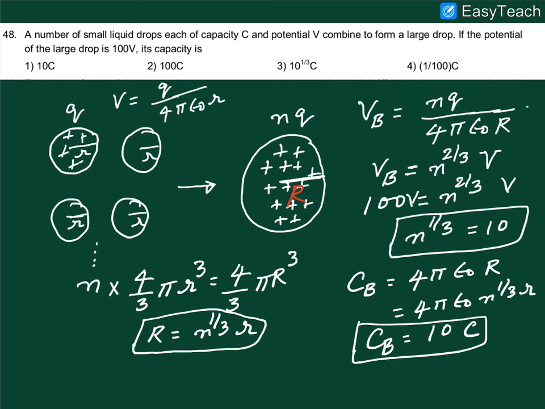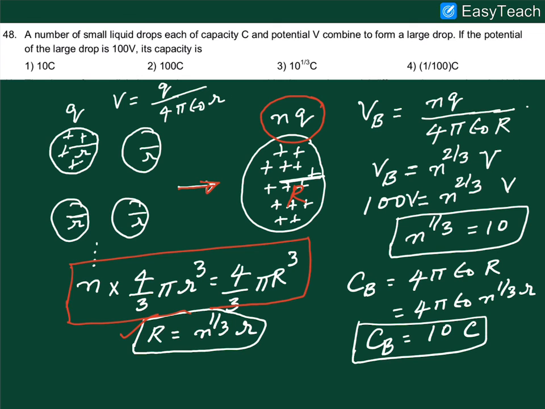So when N drops coalesce into a single drop, the total charge on the bigger drop is NQ. Since volume is conserved, N times 4/3 pi r cubed is equal to 4/3 pi capital R cubed, so that we get the relation between capital R and small r: capital R is n to the power of 1 by 3 times small r.